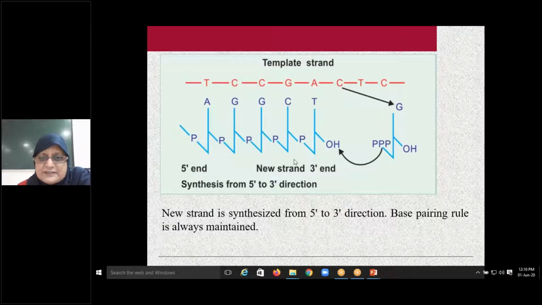So here you can see this is the template strand. This is the addition of the nucleotides, where you can see the 3' hydroxyl group and the 5' group being joined together to form the phosphodiester bond. And this is the pyrophosphate that is being released in the process.